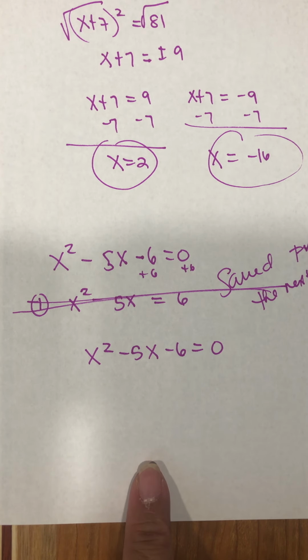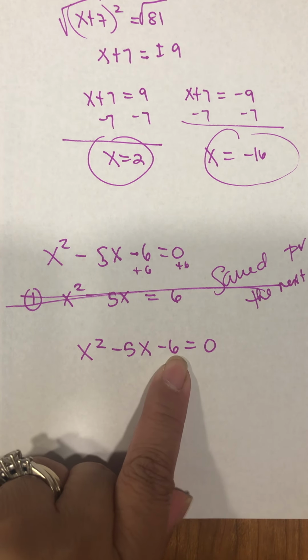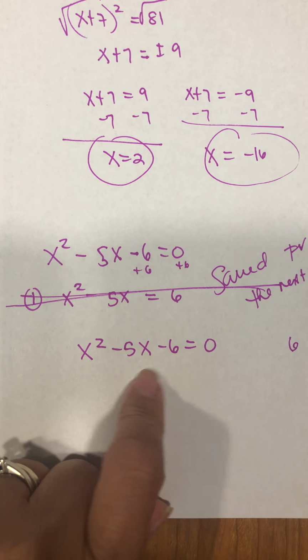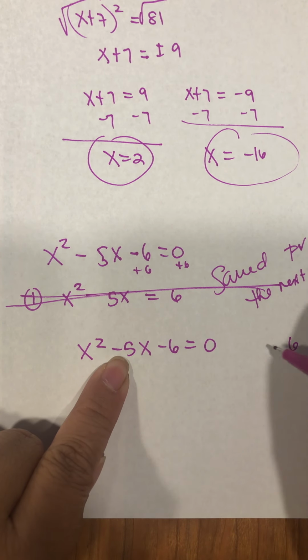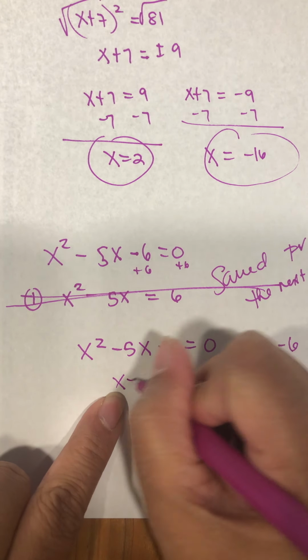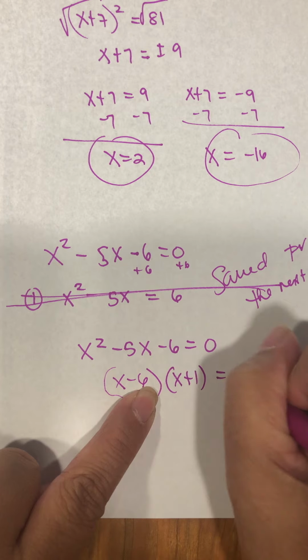Second strategy, can I use my zero property? Let's check. What are the factors of 6? 6 and 1. Look, my 6 and 1 can be combined to give me negative 5. I'll make this negative. So now I have x minus 6 and then x plus 1 equals 0.